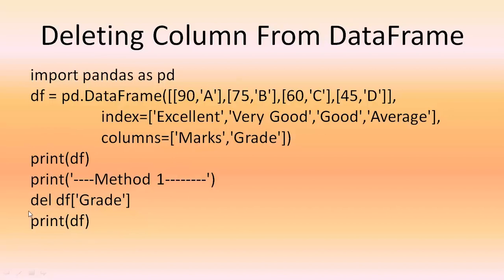So simply write del and df, the data frame, and in square brackets write the column name which you want to delete. After running this program you will see that the grade column is gone.